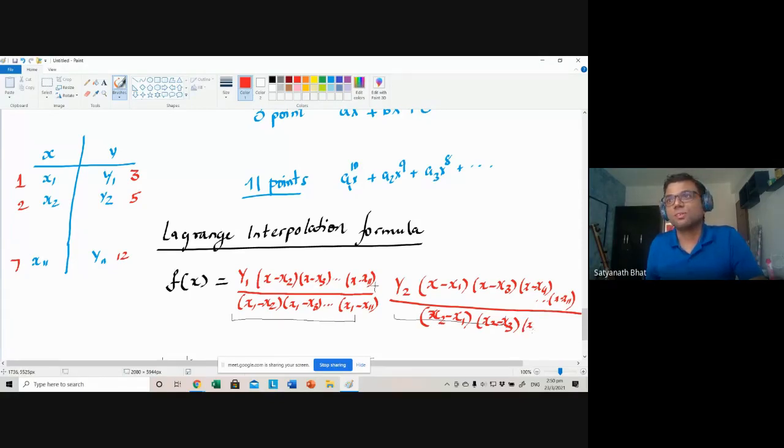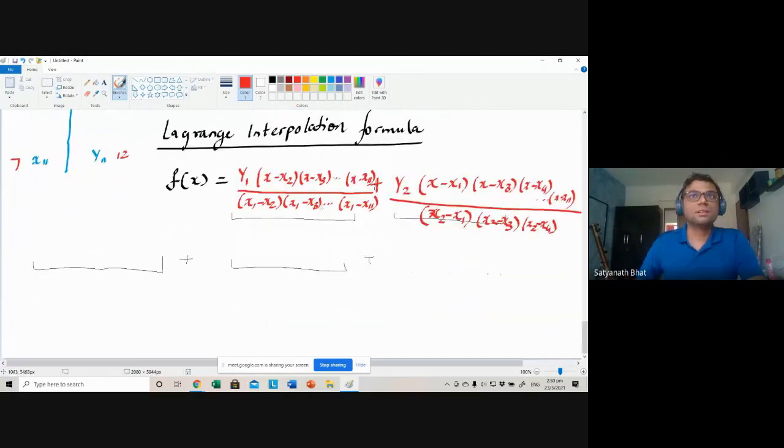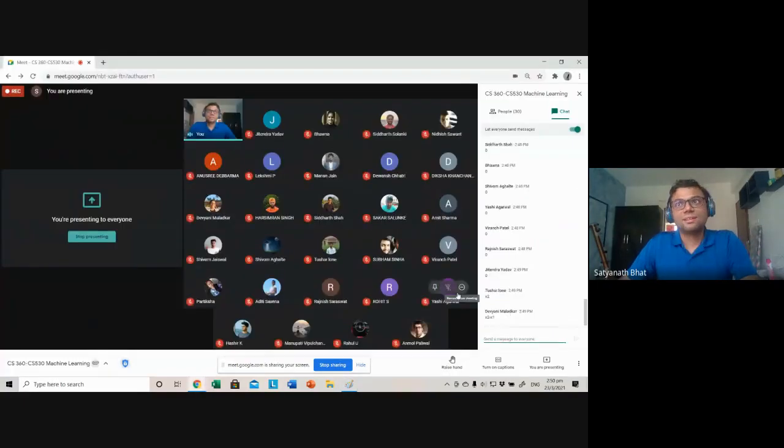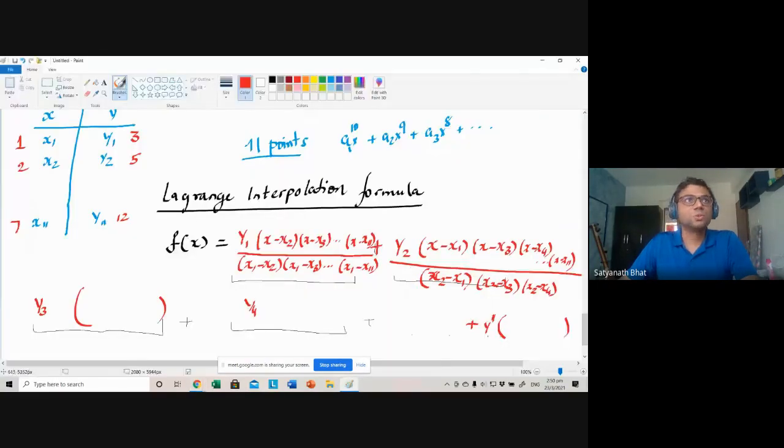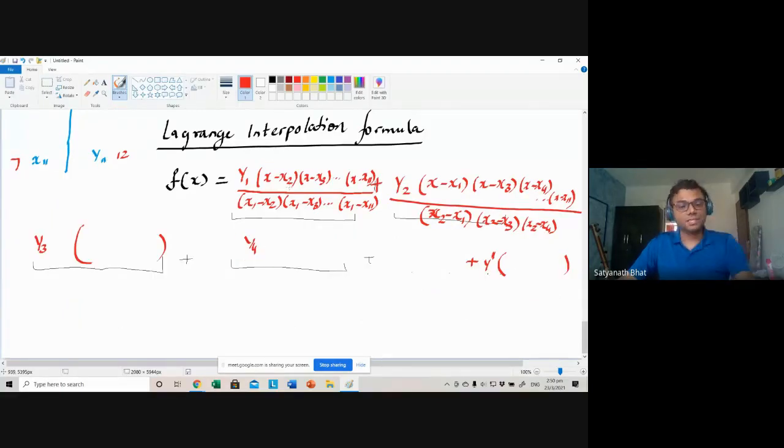It is such an elegant and simple solution. All the rest of the terms will have terms like this: y3 times this, y4 times this, all the way till y11 times this.